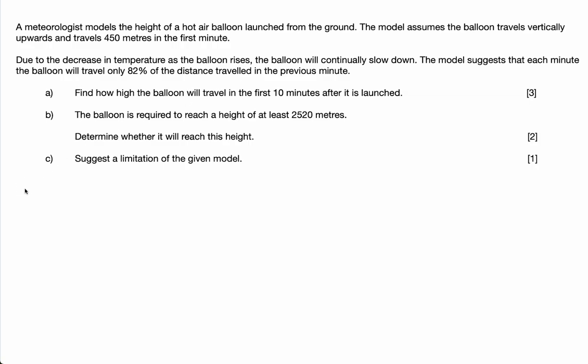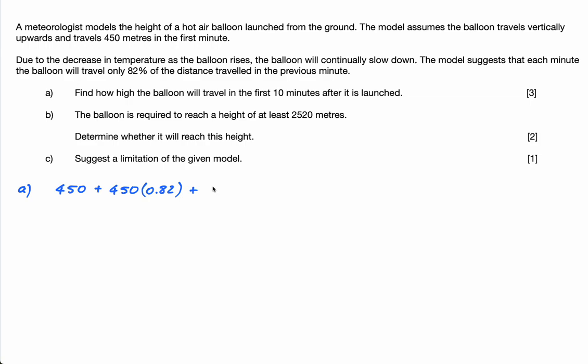Okay, so the key, every question, guys, has a key, and this key is to recognize that this is a geometric sequence. In the first minute, it travels 450 meters. In the second minute, it travels 450 times 0.82, because it's 82% of what it did in the first minute.